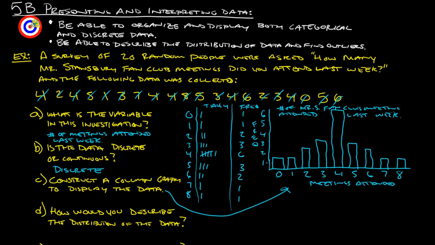Okay, so that is the column graph that displays the data. How would you describe the distribution of the data? If you take a look at that, it's a nice pretty little graph, which gives us a nice even distribution.